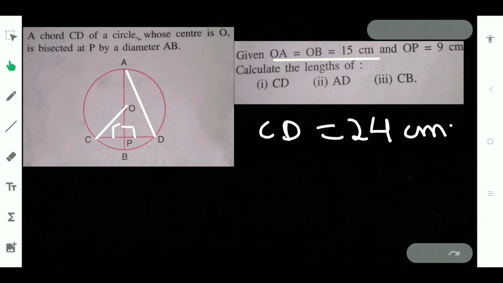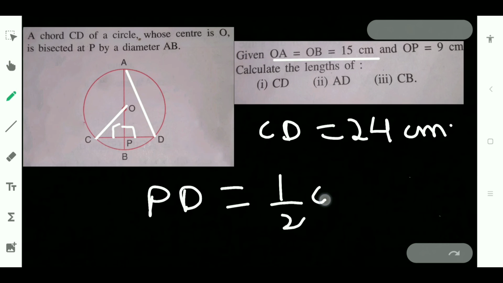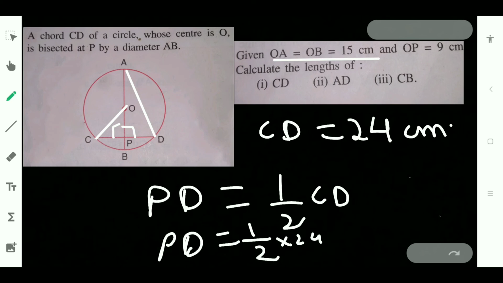Just now we have done that CD is equal to 24 centimeters, but PD is equal to half of CD. So 2PD is equal to CD, nothing but 24, so PD is equal to half of 24, nothing but 12 centimeters.